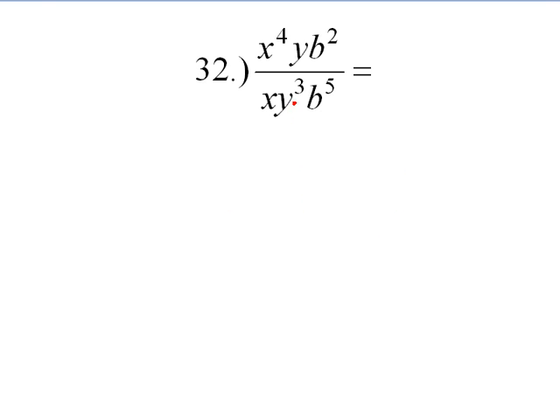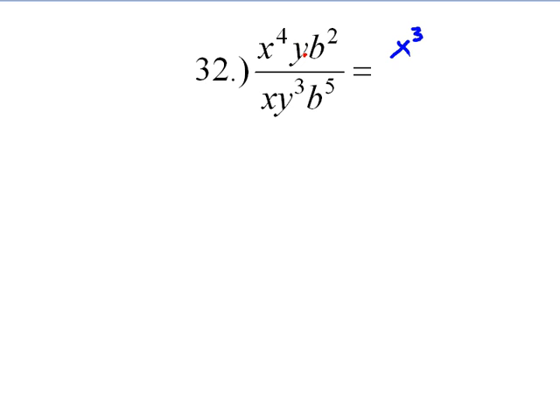Here's a little more difficulty. Now, there are two ways of looking at this. What you're doing with exponents that are divided by exponents is you're subtracting them, remember? So this would be 4 minus 1. Okay? So what I would have is x to the 3rd. 4 minus 1.